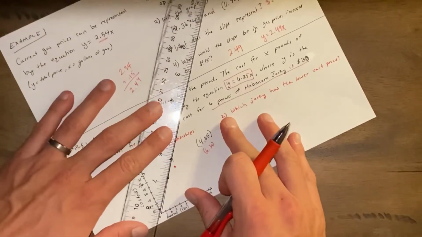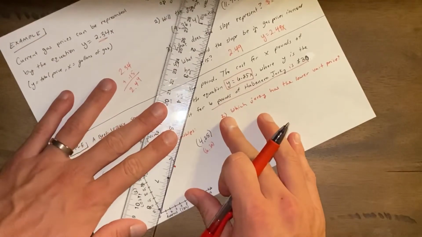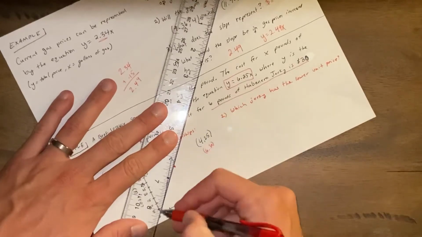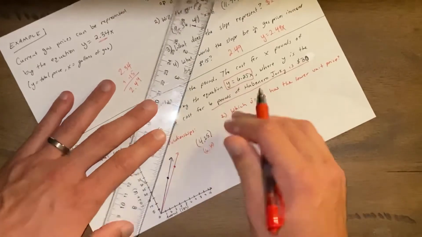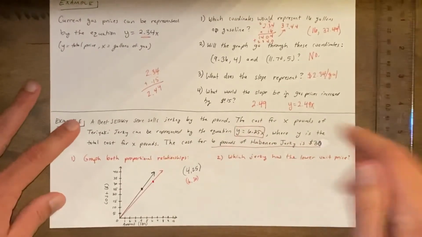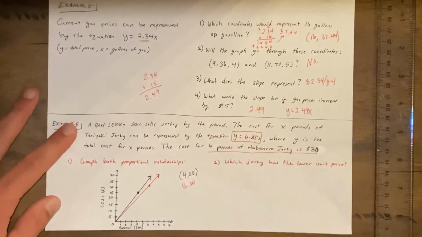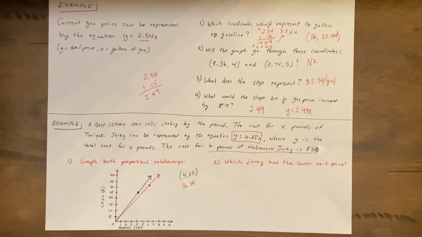Okay, so now let's take our ruler again, going through the origin once again. And once we graph this line, it should be real easy for us to see which one is going to cost more. Okay, so looky there. All right, we've got habanero in the red, and we've got teriyaki in the blue.